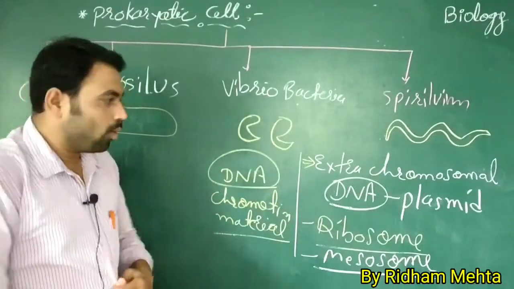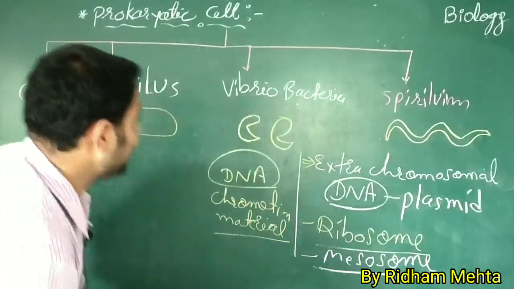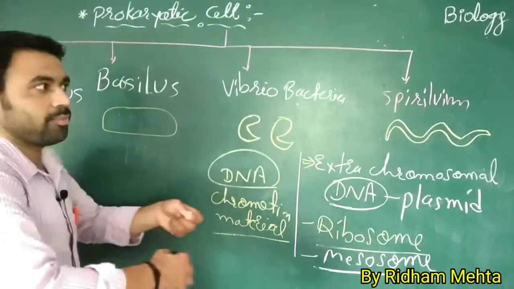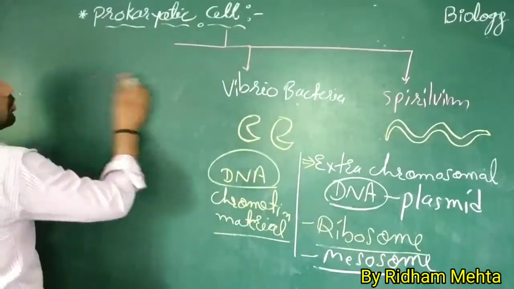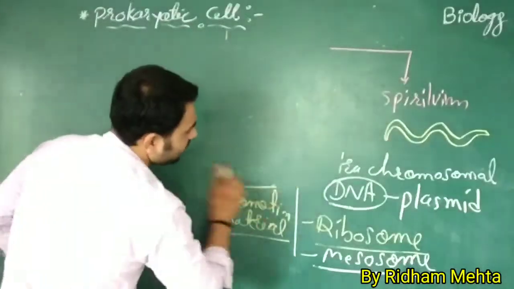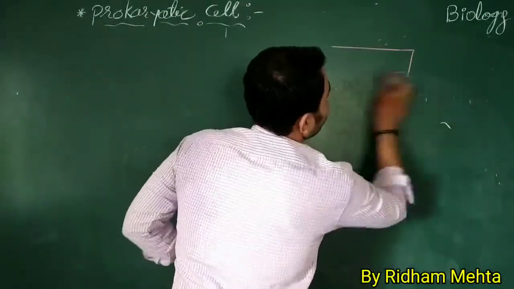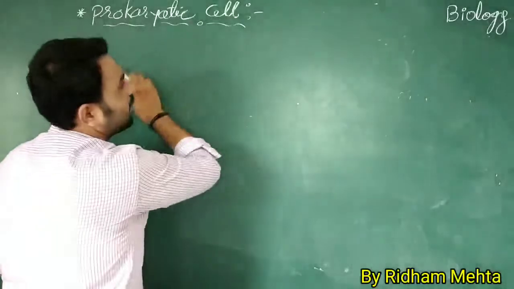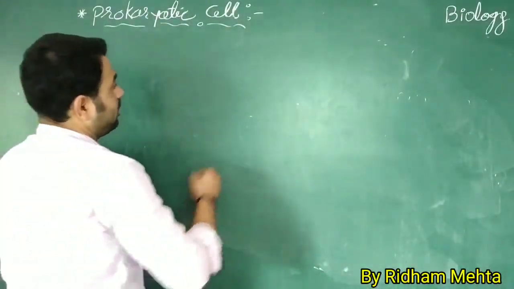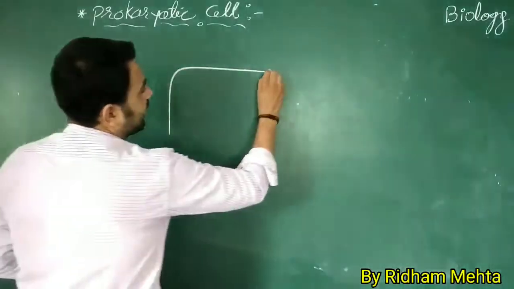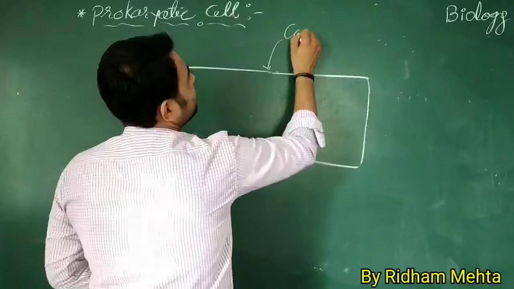Now we go to further information about the layers which are present on bacteria. Here we see the different layers which cover the bacteria. There are 3 layers. First of all, on the outer side of the bacteria, the hard thick capsule is present.